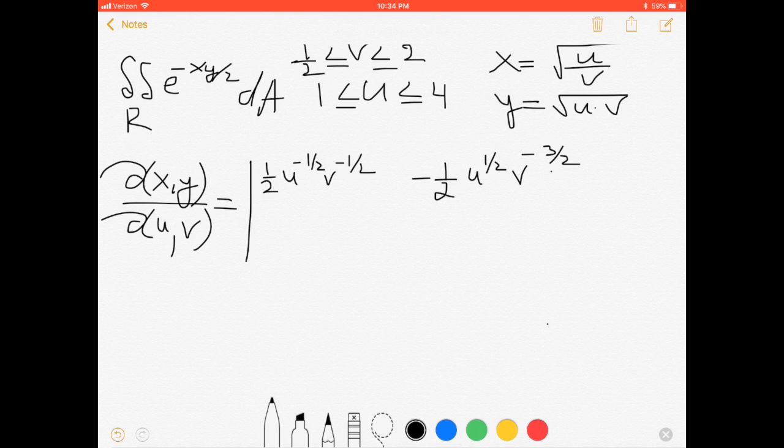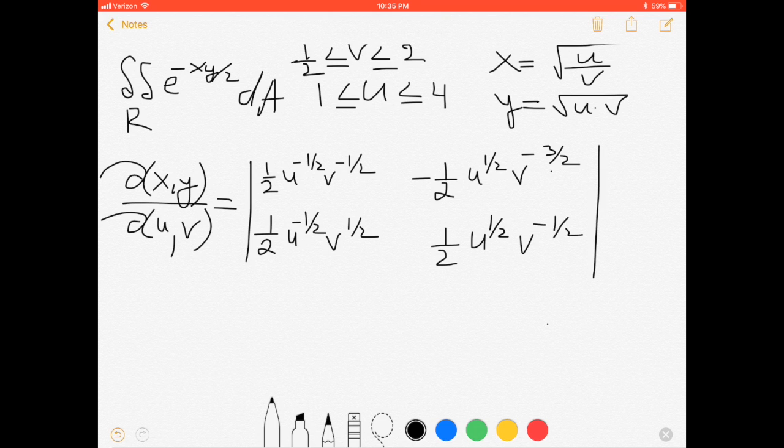Okay. Here is y with respect to u. It will be 1/2, u to the negative 1/2, v to the 1/2. And for v it will be 1/2, u to the 1/2, v to the negative 1/2. Okay.